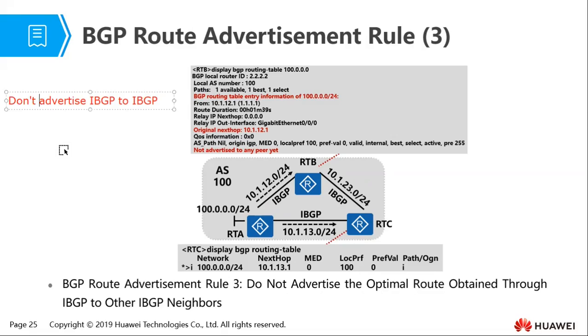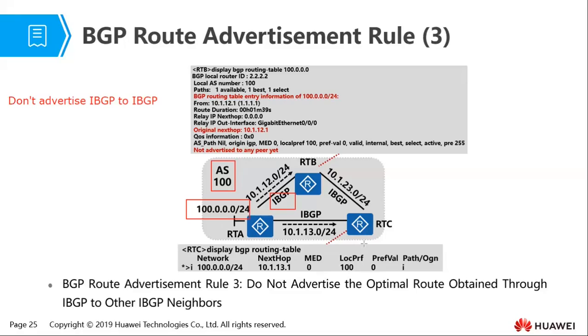Okay. Now, what we are saying here is simple. This guy, RTA, has a network 100.0.0.0. Now, all these routers, RTA, RTB, RTC, are in AS100. Now, router A advertises that network to RTB via IBGP.